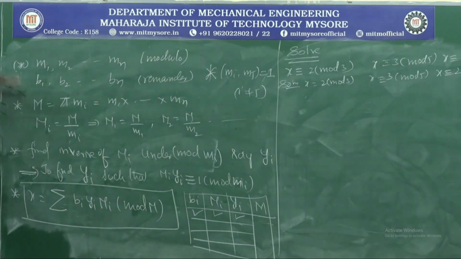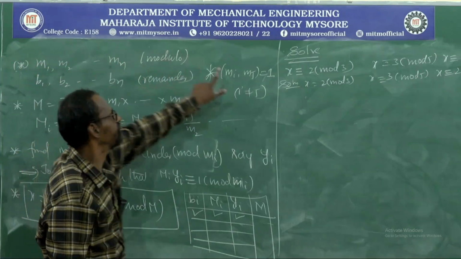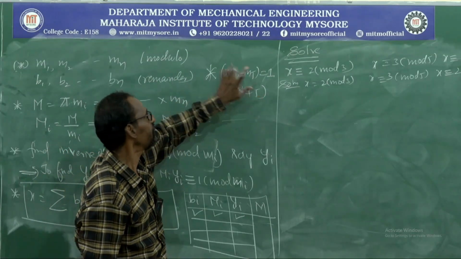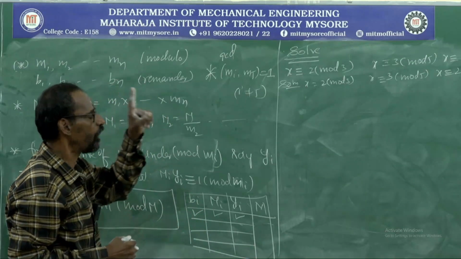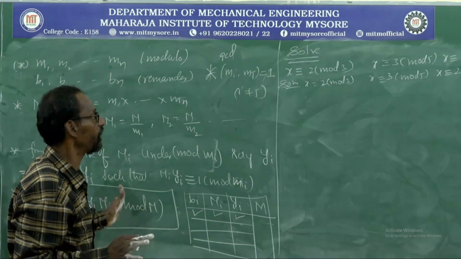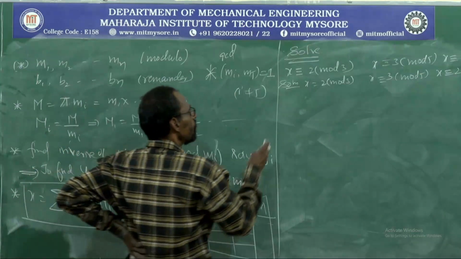See the procedure, you follow the procedure, you can enjoy your Chinese remainder theorem. Step number 1, draw m1, m2, mn and check the GCD of mi comma mj. GCD of mi, comma mj should always be equal to 1; pairwise they are relatively prime.